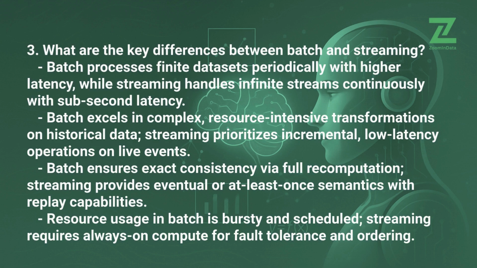Streaming prioritizes incremental, low-latency operations on live events. Batch ensures exact consistency via full recomputation. Streaming provides eventual or at least once semantics with replay capabilities. Resource usage in batch is bursty and scheduled. Streaming requires always-on compute for fault tolerance and ordering.